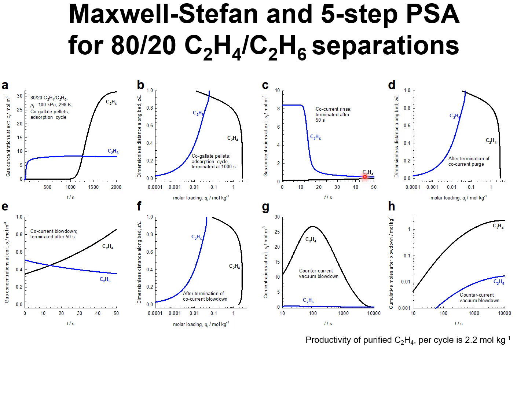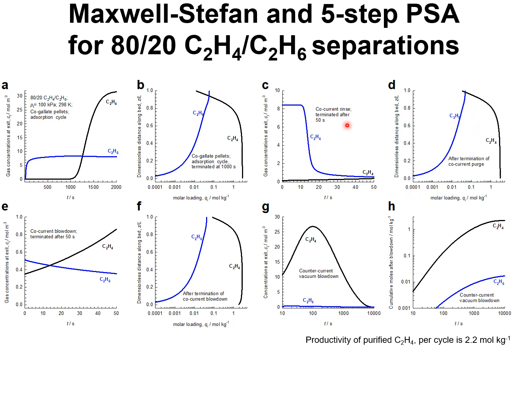The component loadings along the height of the adsorber at the end of the co-current purge, which lasts for 50 seconds, are shown here, black for ethene and blue for ethane.